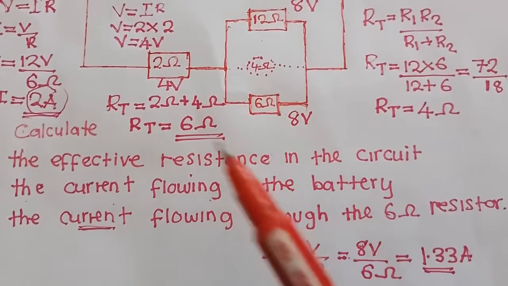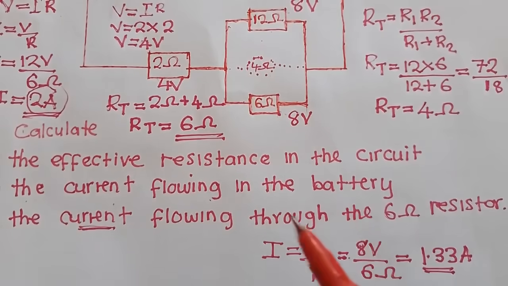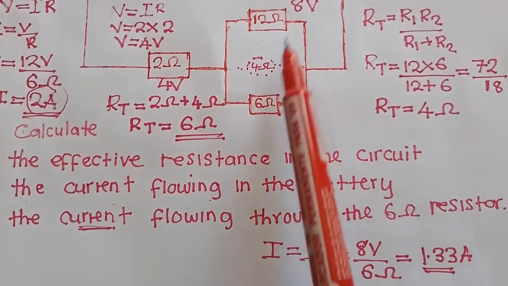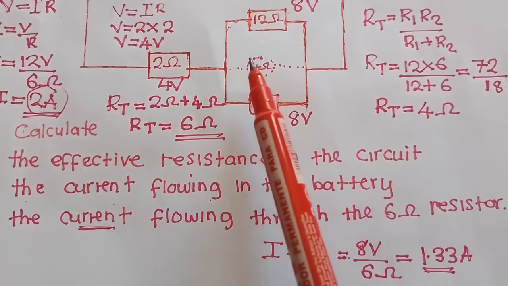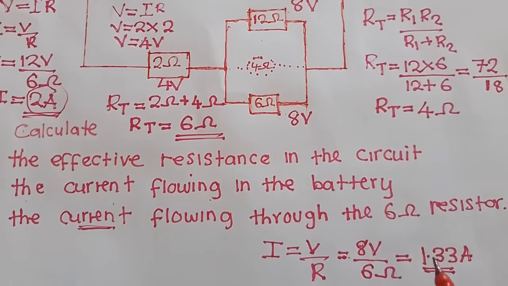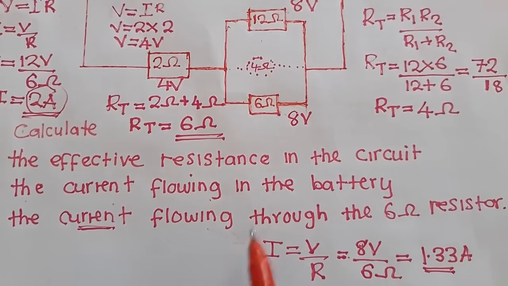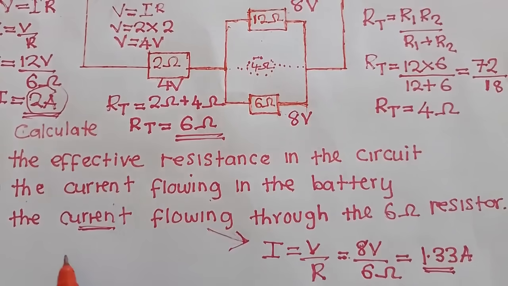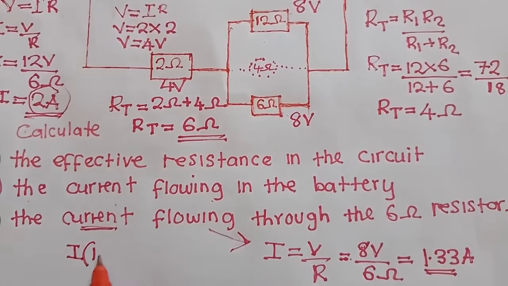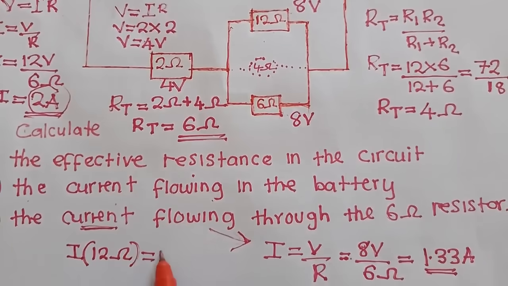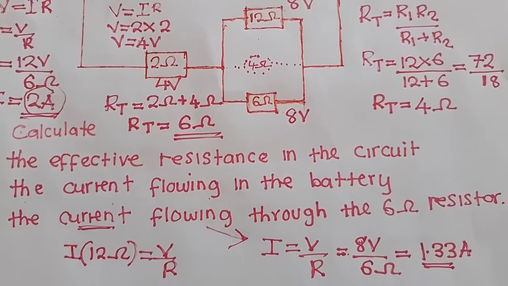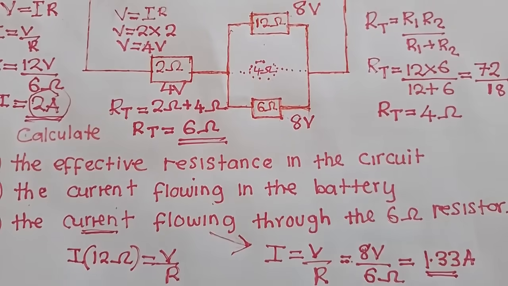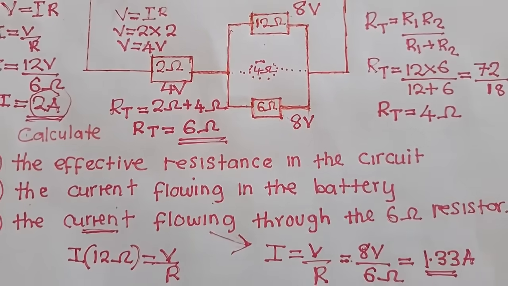This question I've answered here. But for this other one, when you're told to find the current at the 12 ohm resistor, you're going to do the same voltage over resistance. This is the formula that you need to understand.